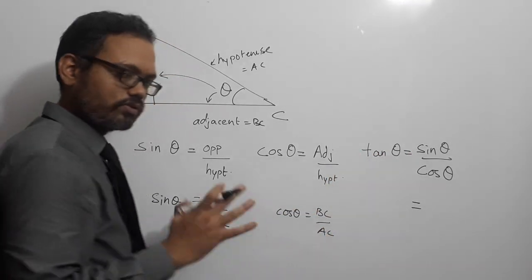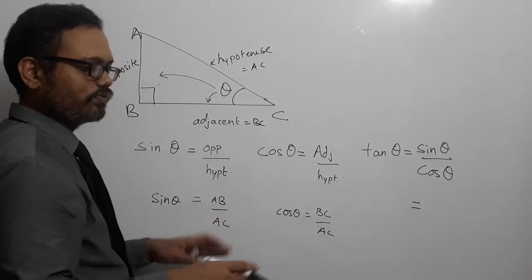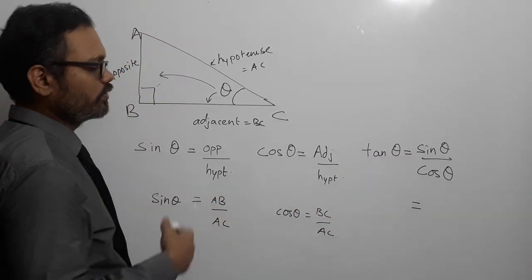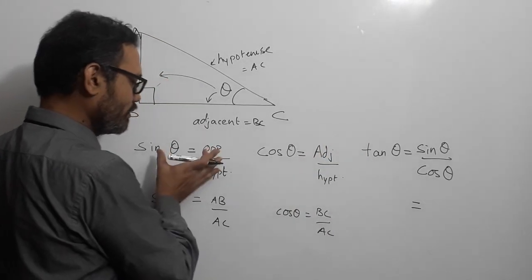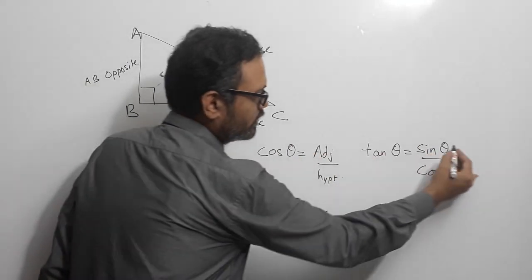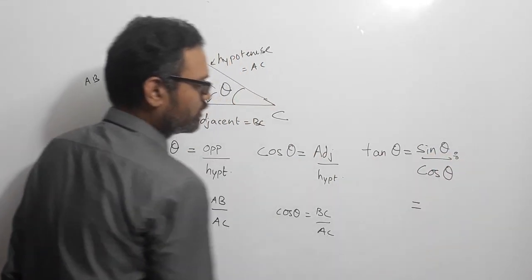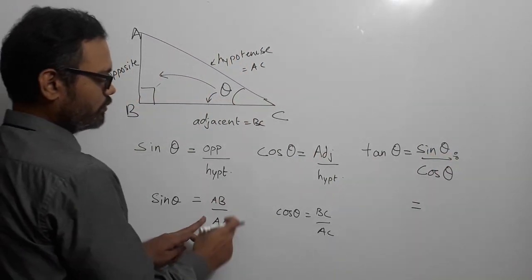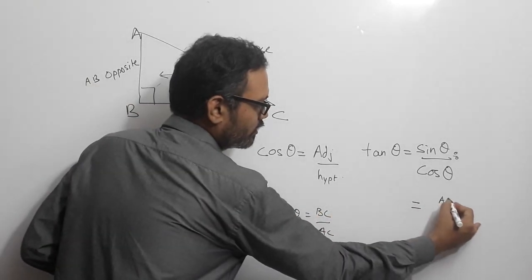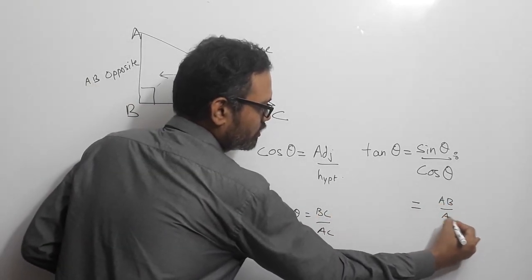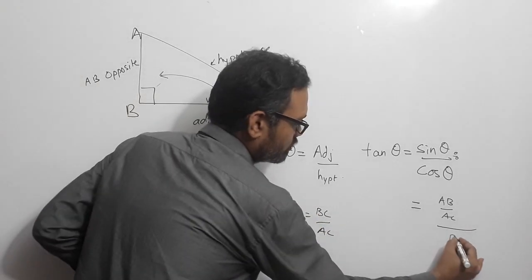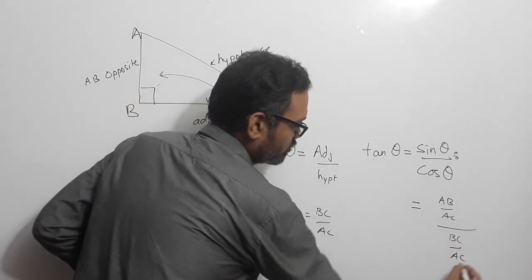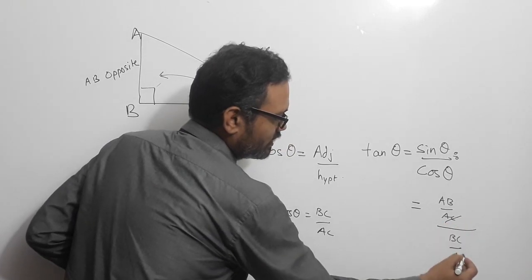Tan theta also has a fixed value, just like the mass of earth, speed of light, speed of sound. In the same way, tan theta has a value which is sine divided by cos. Sine theta divided by cos theta. So sine theta is AB upon AC. Let us write here AB upon AC divided by BC upon AC, which is nothing else because AC and AC get cancelled.